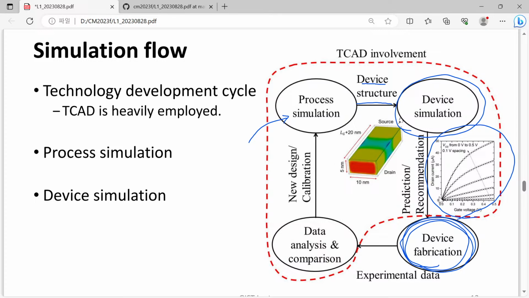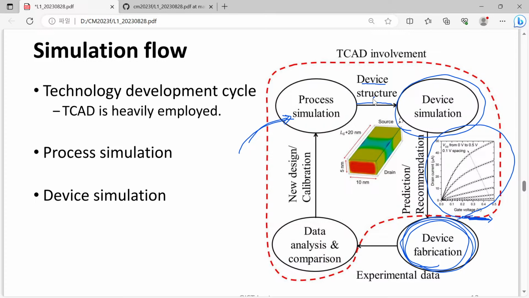Then if we stop here, there is no improvement. However, based upon this prediction, we think about how we can obtain better performance from this technology. Then what we can do is slightly change the device parameters.